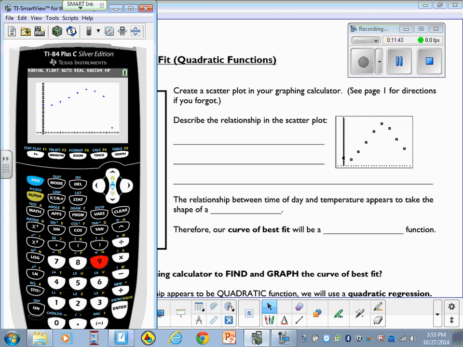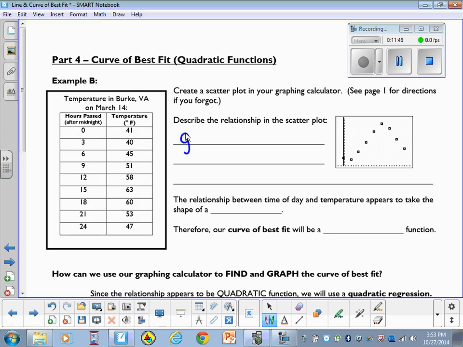Okay, so this has a curve. It goes up and curves down. Definitely not a line. So it needs to be a curve, and it seems to take the shape of a parabola from the last unit, which was on quadratics.